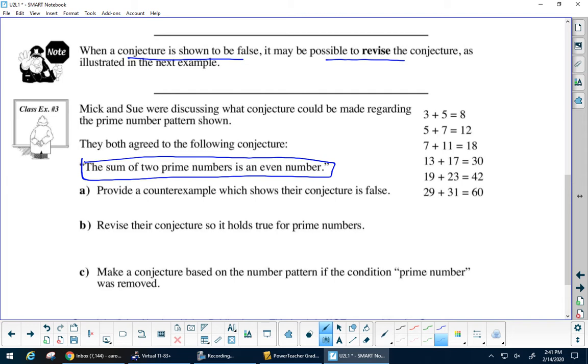It's coming up with something to say, nah, no, I'm good. But if you're not good enough at finding a counterexample, then basically you have to do whatever happens. Anybody got anything? So is this true?